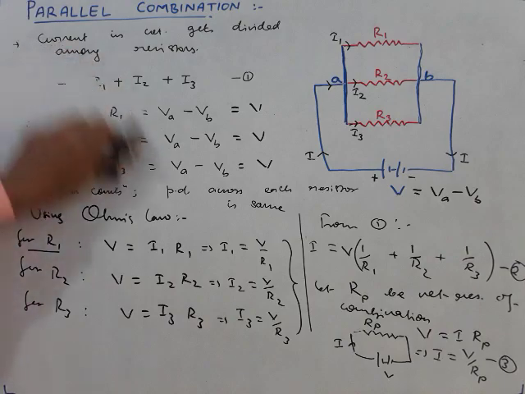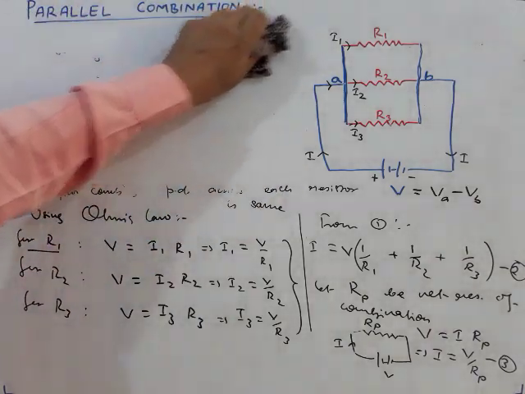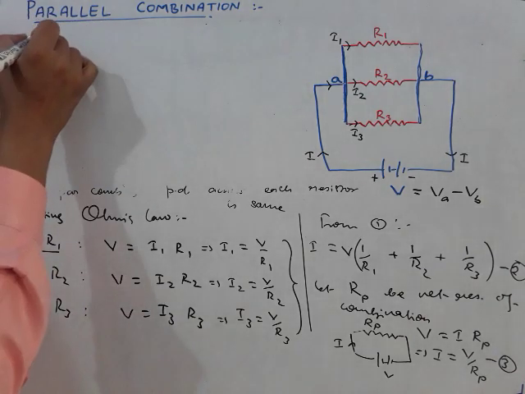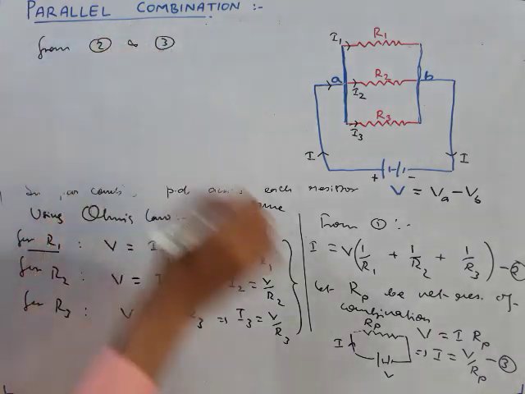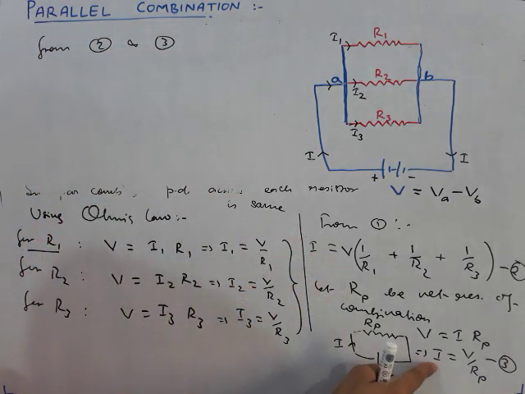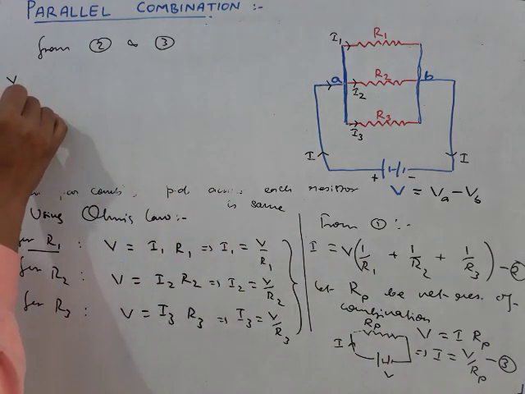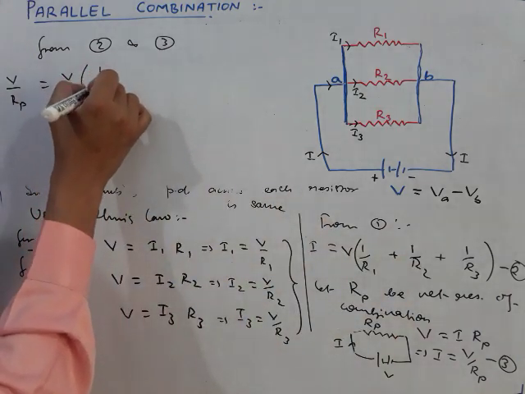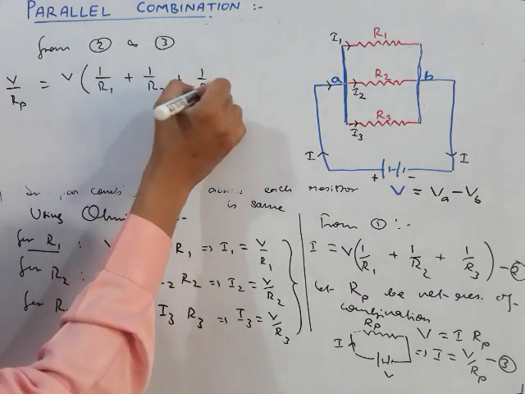From 2 and 3, we can equate these two equations. And let's see what we get. From 2 and 3, you see their LHS are the same, I and I. So therefore, their RHS must also be the same. So V upon Rp is equal to V whole into 1 upon R1 plus 1 upon R2 plus 1 upon R3.